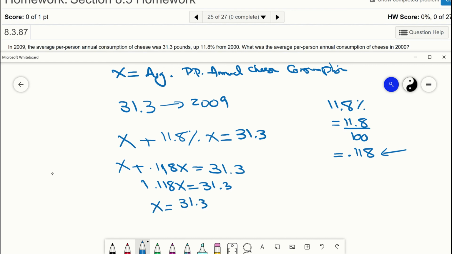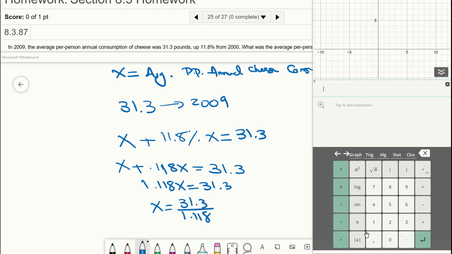So now all we have to do is divide both sides by 1.118. So we get 31.3 over 1.118. So now we'll use our calculator for that. So 31.3 divided by 1.118. Okay, and let's see what kind of instructions they have for us.